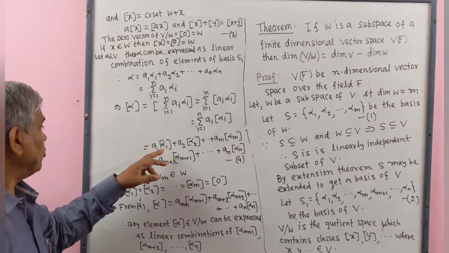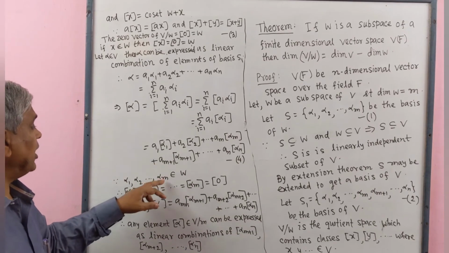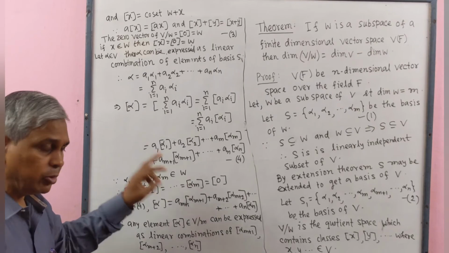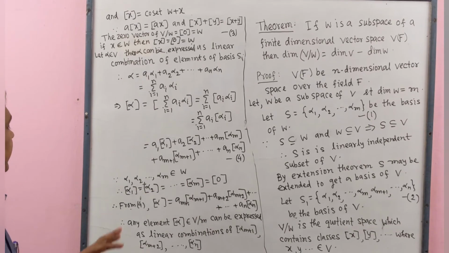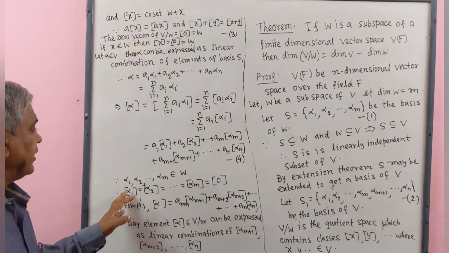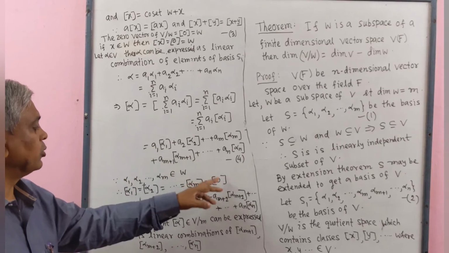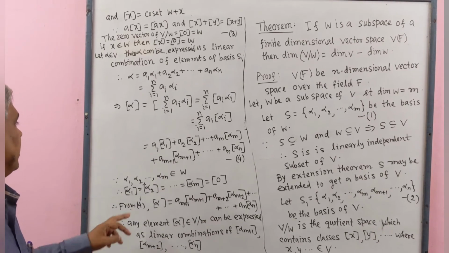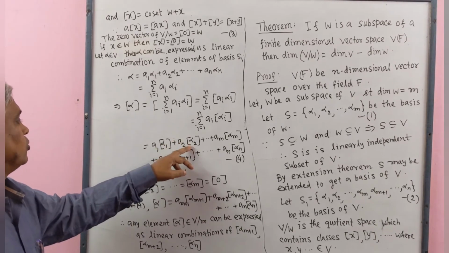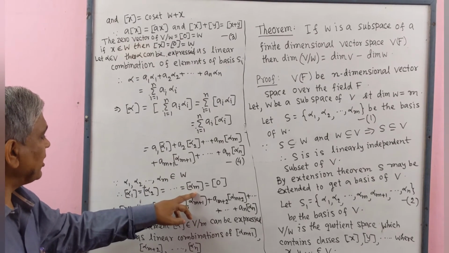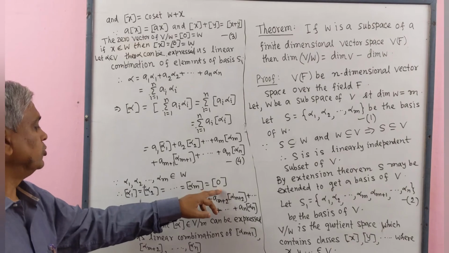Since alpha 1, alpha 2, alpha m all belong to vector subspace W, if we take any element of W and make a class, then that class is the zero class, and that is equal to W. Therefore, alpha 1 class, alpha 2 class, alpha 3 class dot dot dot alpha m class equal to zero class.